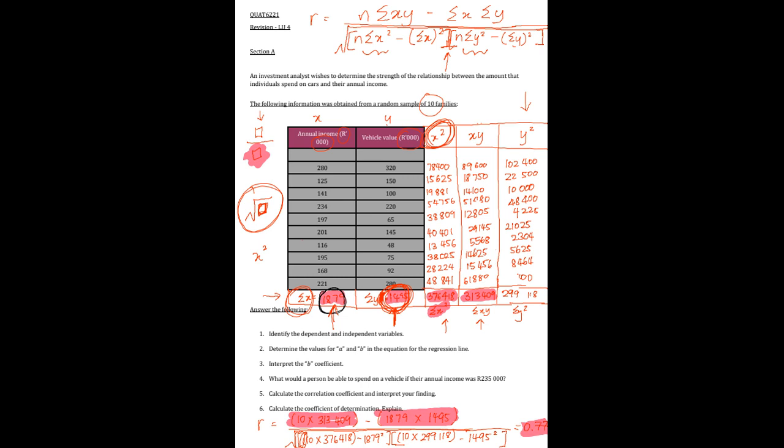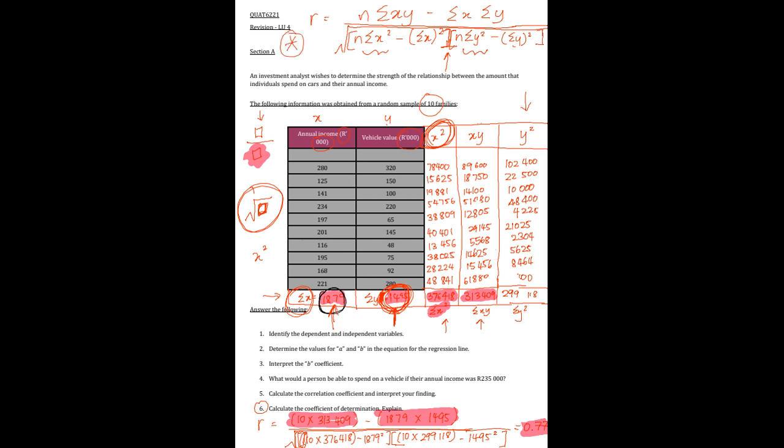And then your last question at the bottom, number 6, is to calculate the coefficient of determination and explain your answer. So the coefficient of determination is going to be this R value that you had calculated here at the top, squared.